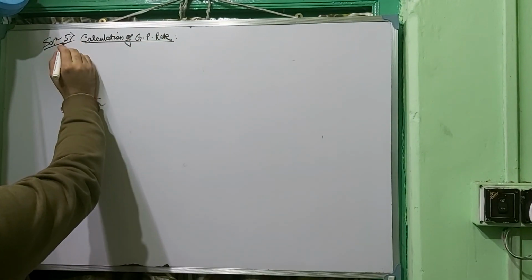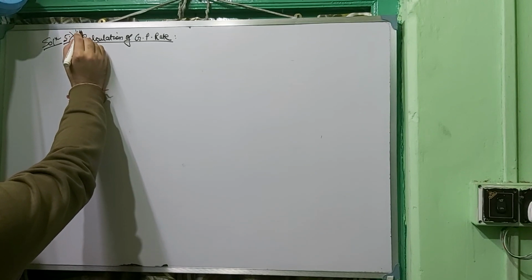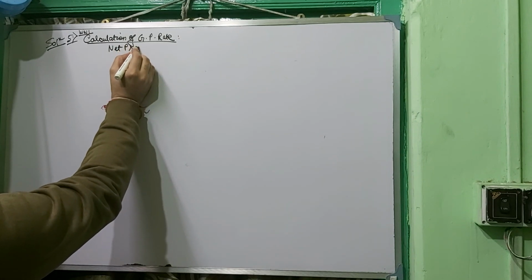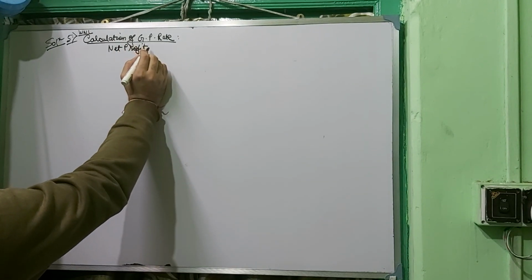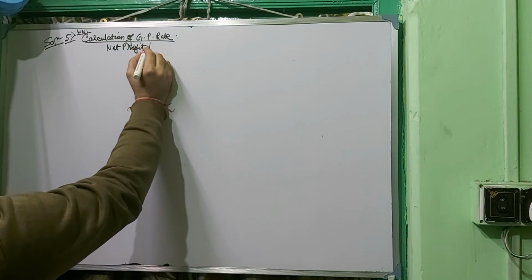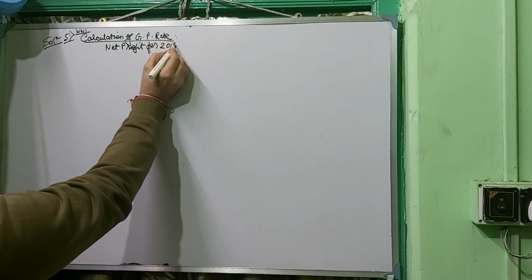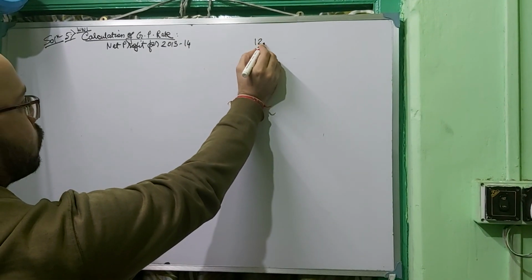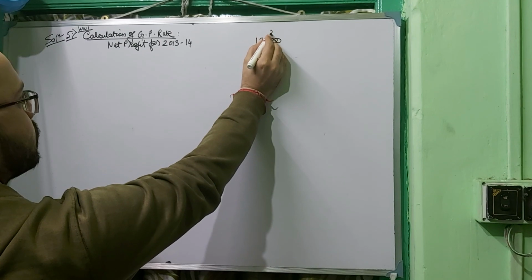You can do it in your workings. This may be working number 1. Working number 1 is the calculation of GP rate. How do you calculate? Net profit for 2013-14 has been given as 12,500.